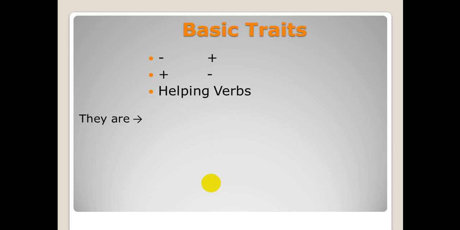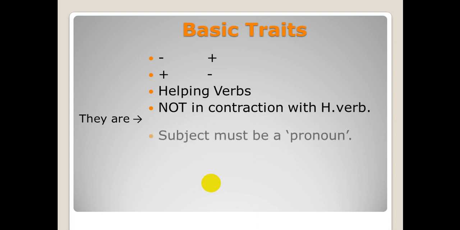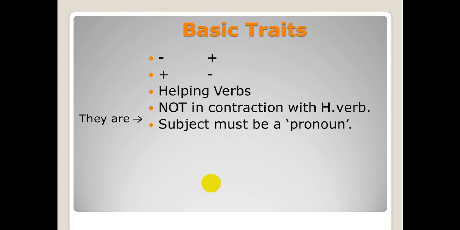So before making the question tags, you will have to find out the helping verbs of the statements. Next, if the tag questions are negative, of course you will have to add the word not to the helping verb in its contracted form, and of course the subject must be a pronoun.